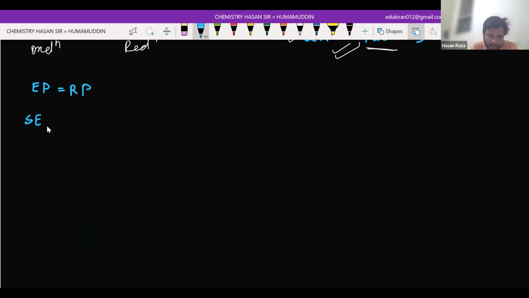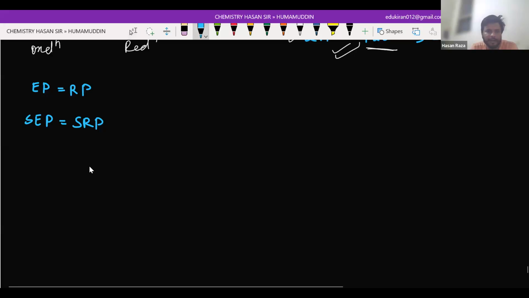Standard electrode potential will be equal to standard reduction potential. OP, that means oxidation potential, will be equal to minus of reduction potential.